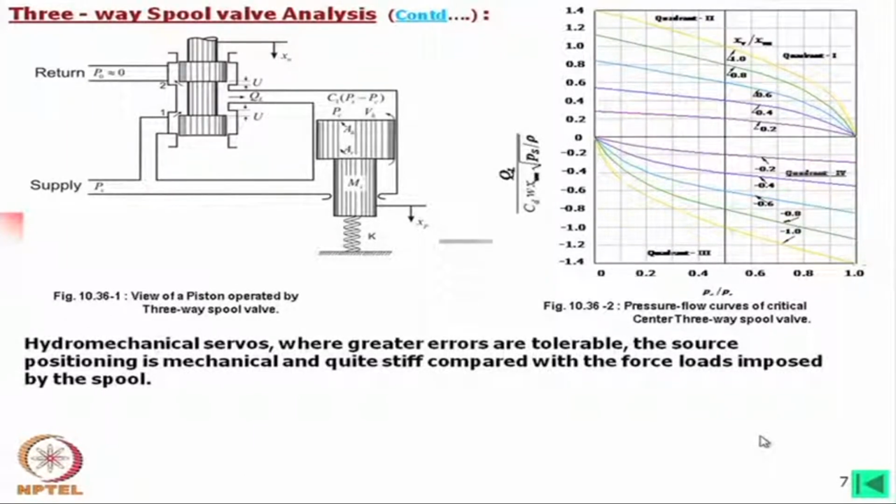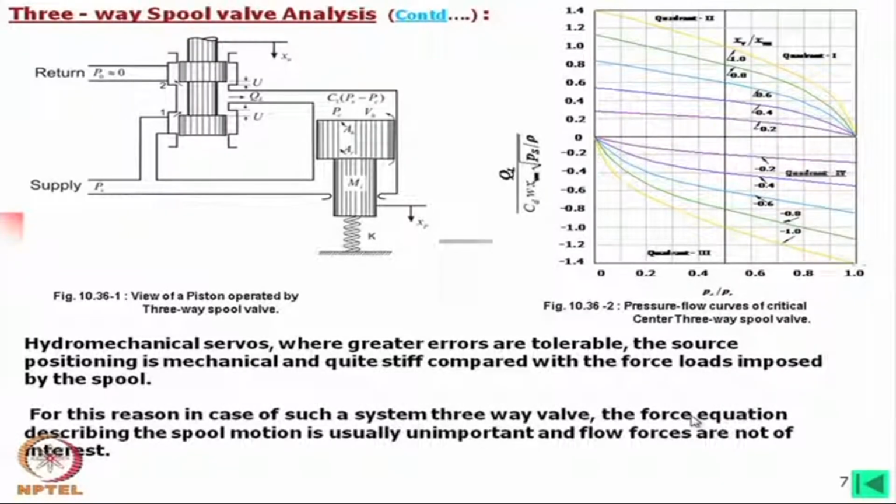Now, in hydromechanical servos, where greater errors are tolerable, the source positioning is mechanical and quite steep compared with the force loads imposed by the spool. For this reason, in case of such a system with a three-way valve, the force equation describing spool motion is usually important and flow forces are not of interest.